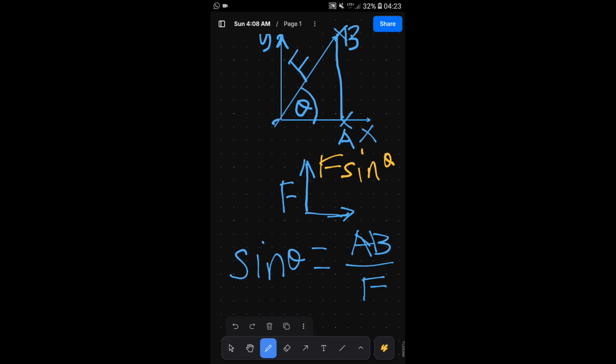Then what about cos theta? Let's call this point here O. Cos theta is going to be the adjacent side on the hypotenuse.